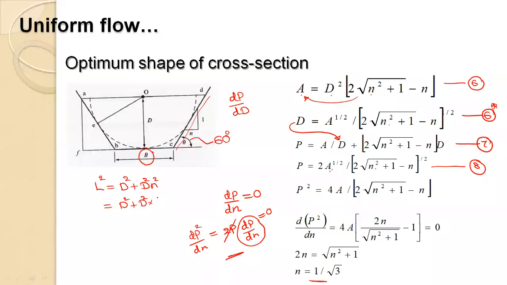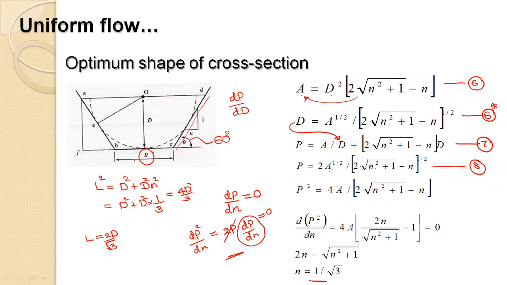So this one would be 1 over 3, and L would be D, and this one would become 4D squared divided by 3, and this would become 2 divided by square root of 3.